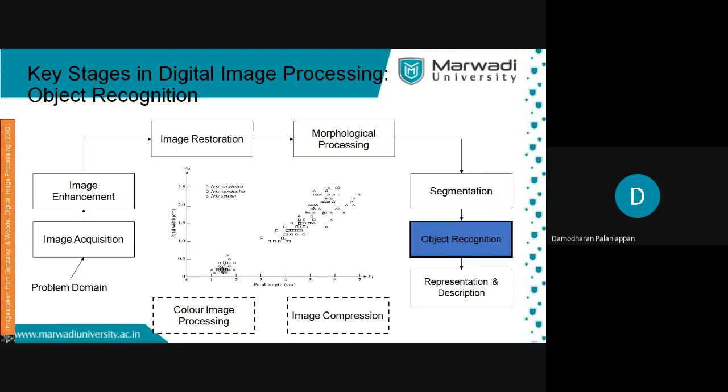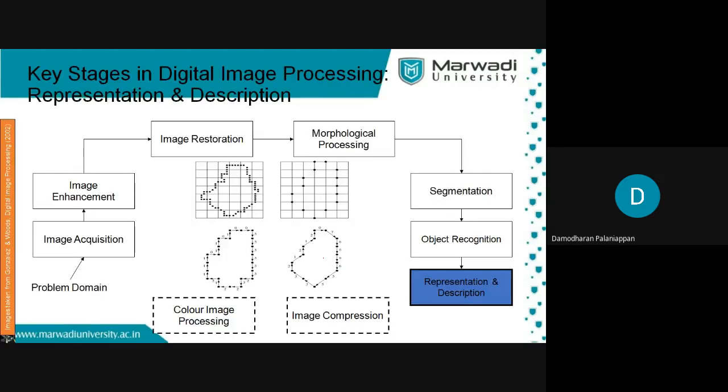The next step we can see is representation and description of an image. This is nothing but identifying the edges, and after identifying the edges, we are able to represent which type of image and which shape the image is.